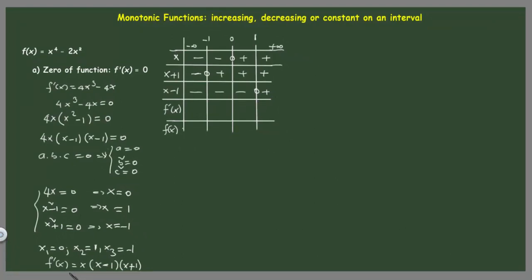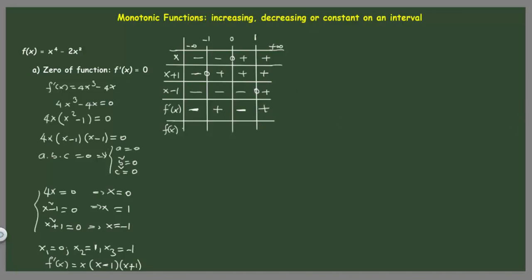So f prime of x is the product of the terms multiplied all together. We're going to have minus times minus times minus, it is minus; then minus times minus times plus, it is plus; then minus times plus times plus, it is minus; and plus times plus times plus equals plus.